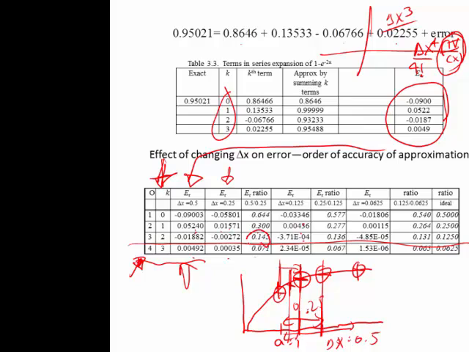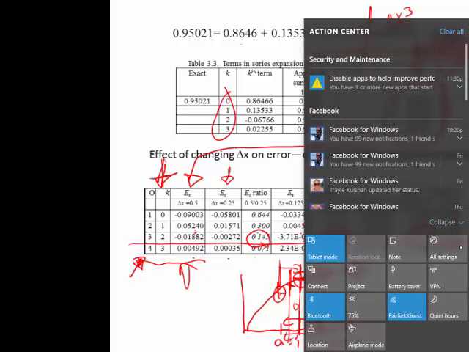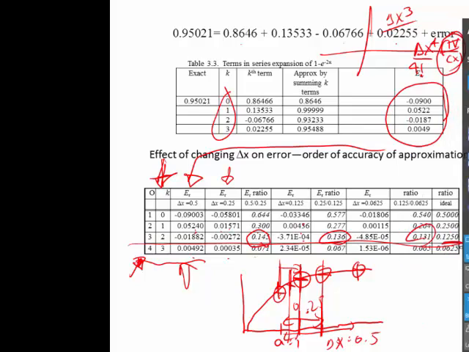So there's the value that I get, and there's 0.125. So you can see the ratio is pretty darn close. And then if I were to do this again, I would get a reduction in error by 1 over 16, which is that value, and you can see that it's pretty close.